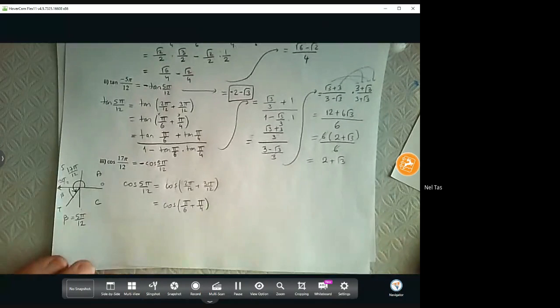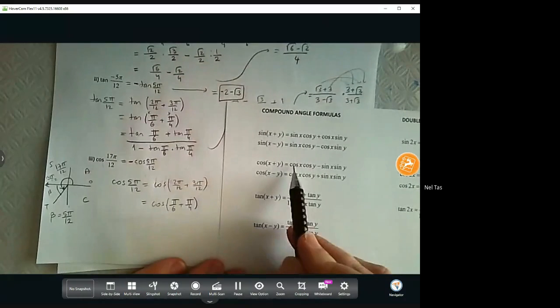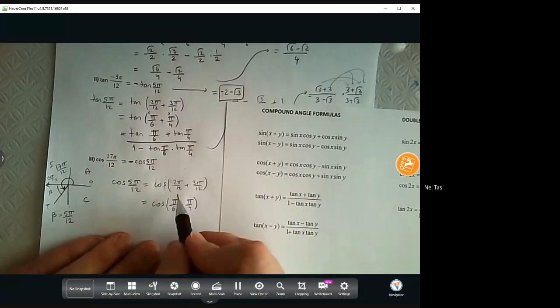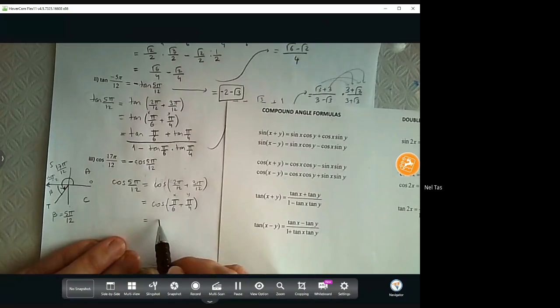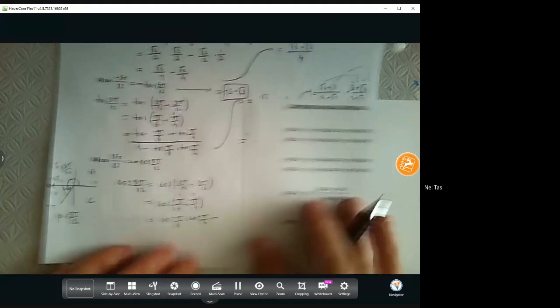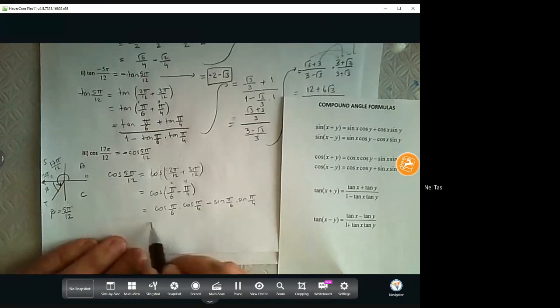Okay, now we can use our formula sheet. Cos x plus y is cos x cos y minus sin x sin y. Your x is pi over 6, your y is pi over 4. So cos pi over 6 times cos pi over 4 minus sine pi over 6 times sine pi over 4.